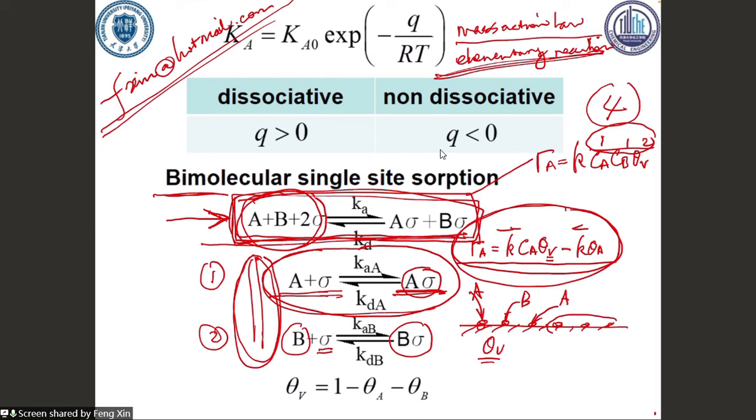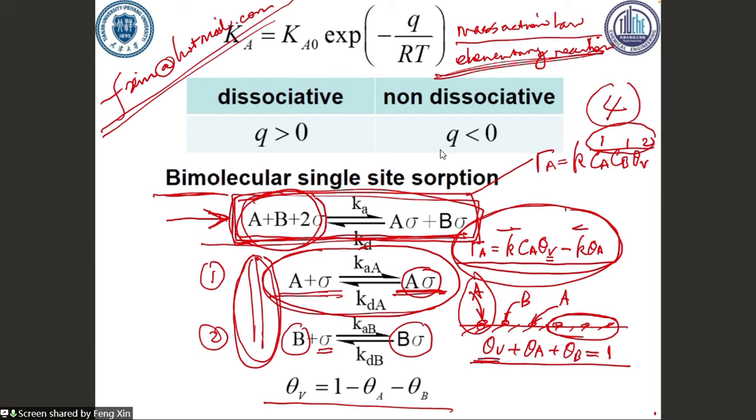What's the void? It means the active site is void, without any species adsorbed on it. So theta V means the coverage of void active sites, plus theta A, the A-adsorbed active sites, plus theta B, the B-adsorbed active sites, equals 1. Total coverage equals 1. So you have theta V equals 1 minus theta A minus theta B.